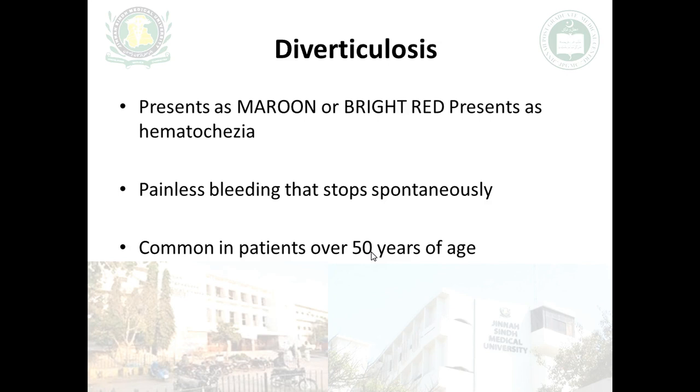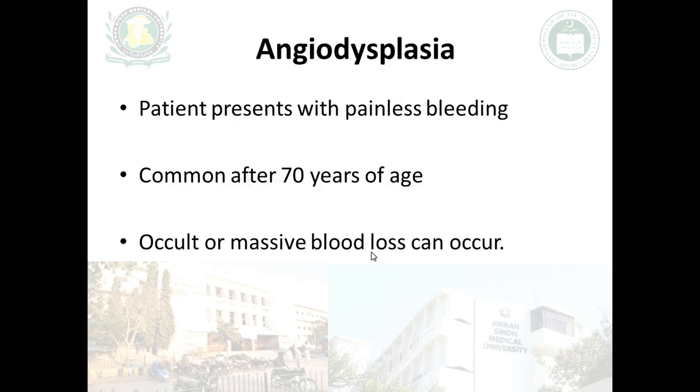Their bleeding is painless and spontaneous. They will bleed, and the bleeding will stop spontaneously. Then after a few weeks or months they bleed again, and it stops spontaneously again. This is common in the older age group. Angiodysplasias.